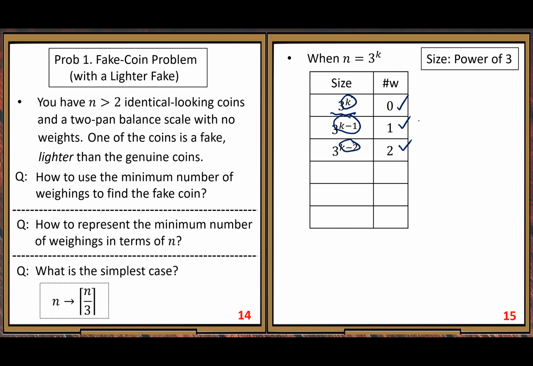K plus 0, first row, K, right? K minus 1 plus 1, also K. K minus 2 plus 2, also K. Any special rule? The sum of the two numbers in each row is the same number.